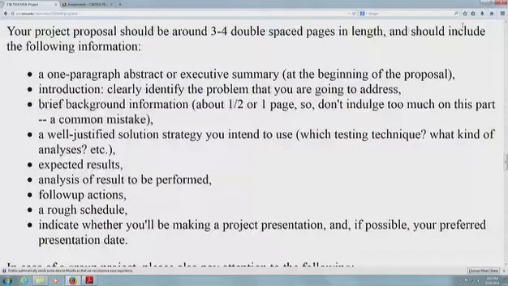And expected result, you probably not too much to say here, except for example, if it's a live project still going on, then you probably will be able to talk a little bit about what kind of result you expect and what kind of implications of those results and follow-up actions.